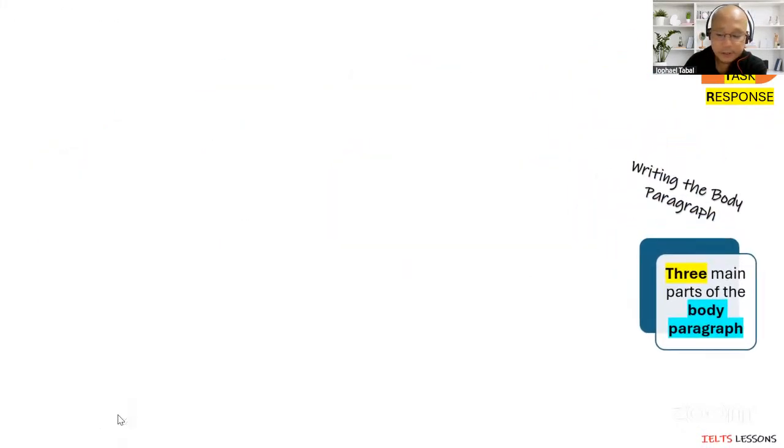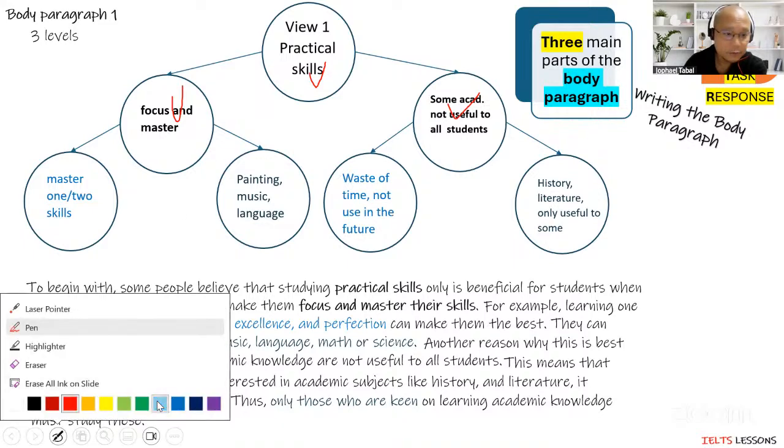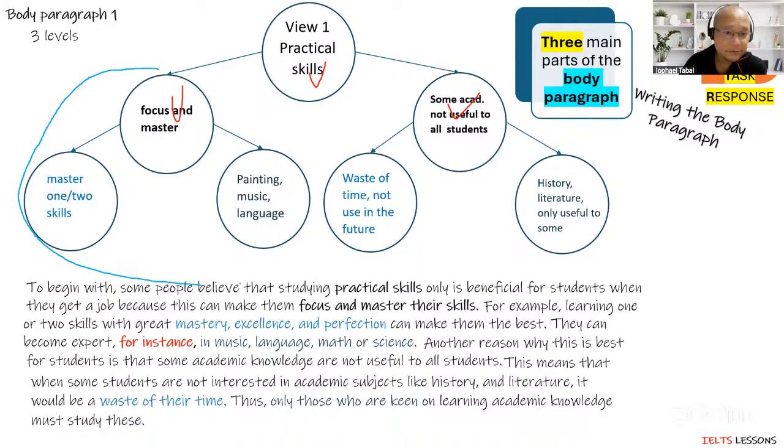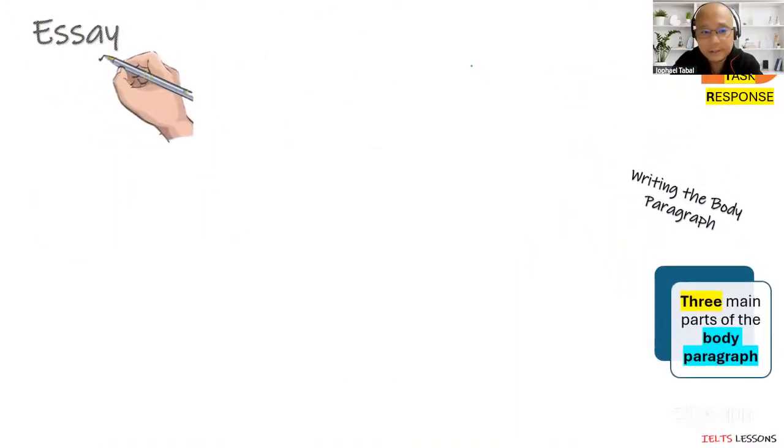They would be writing these three in their introduction, and this blue one in their first body paragraph and second body paragraph. Some students found this one useful and practical.